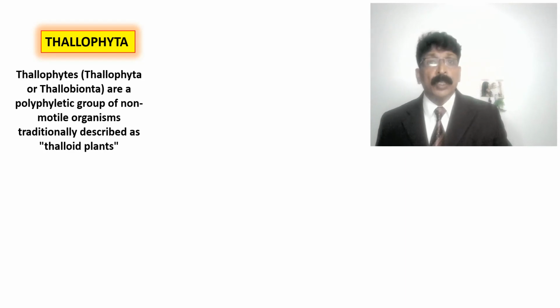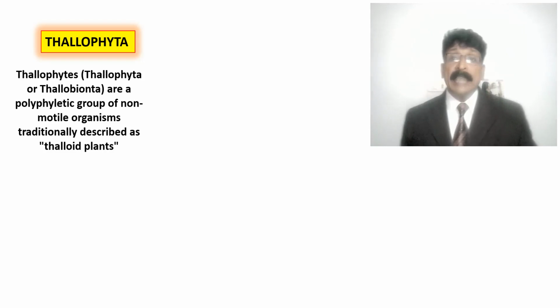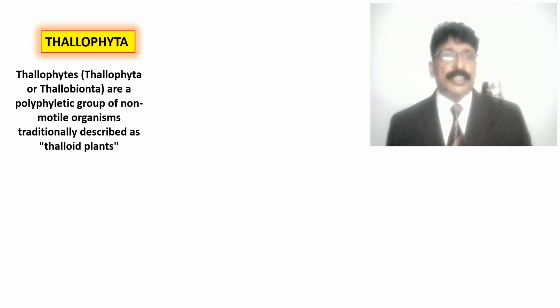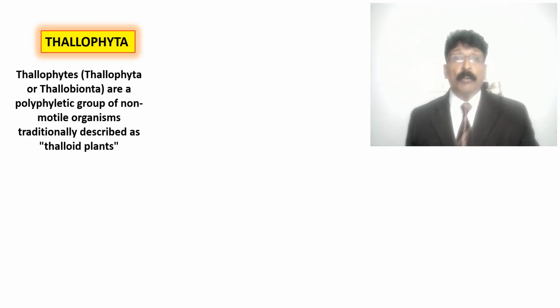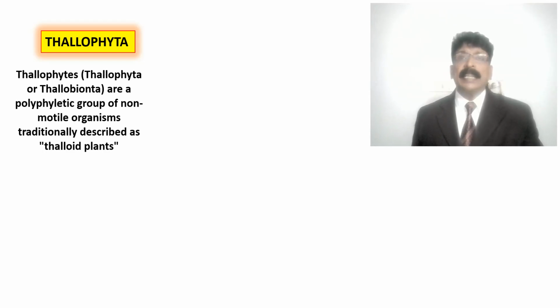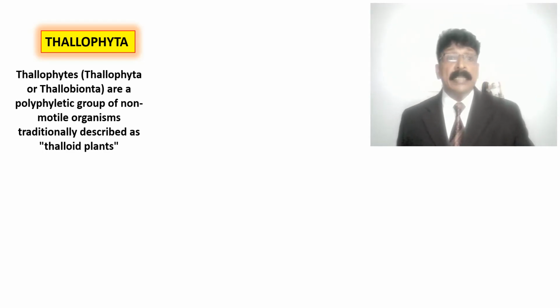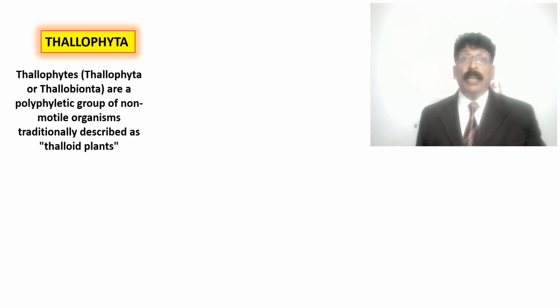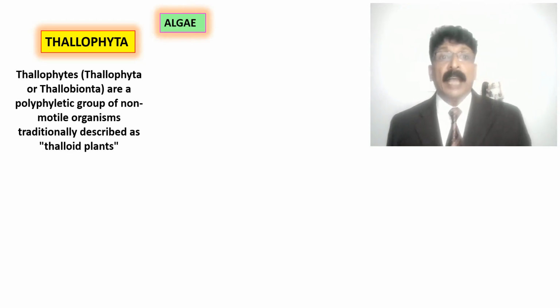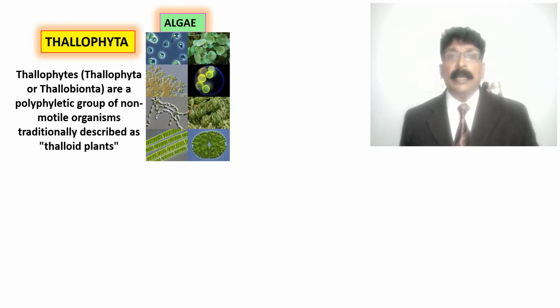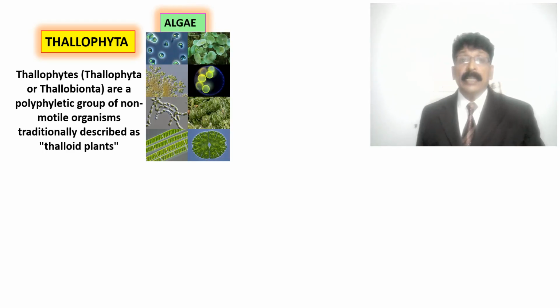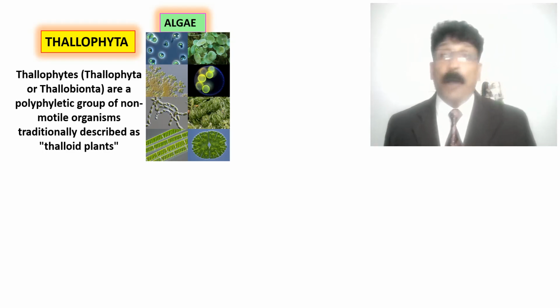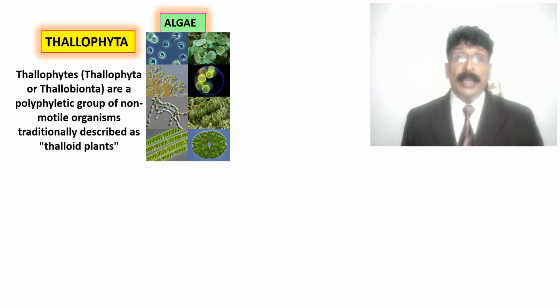It means the formation of Thallophyta is from different sources, a group of non-motile organisms traditionally described as thalloid plants. They can be called thalloid plants. Examples: algae, red algae, green algae. These algae can be given as an example as they are a polyphyletic group, where they can be developed from different sources.